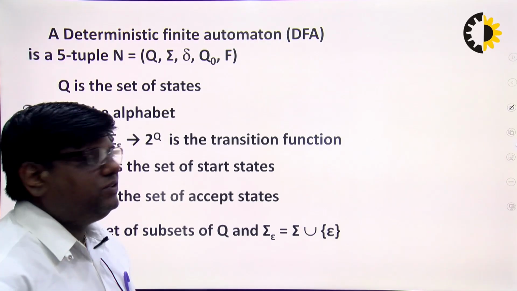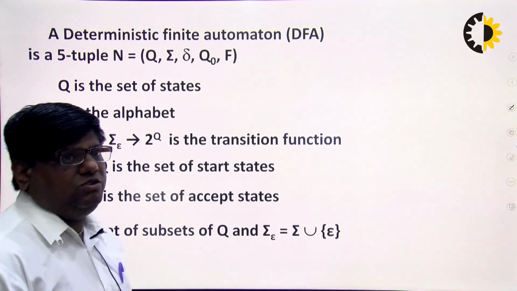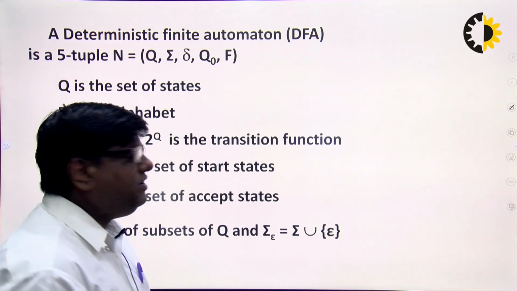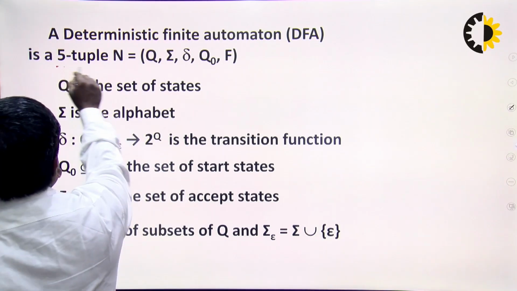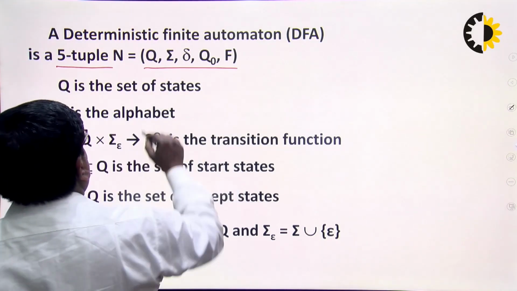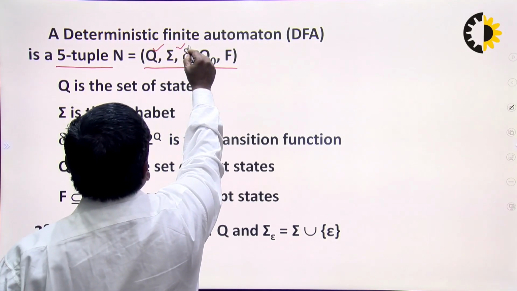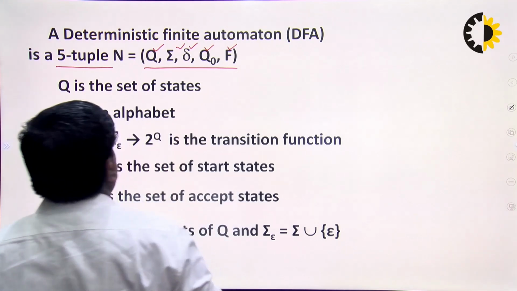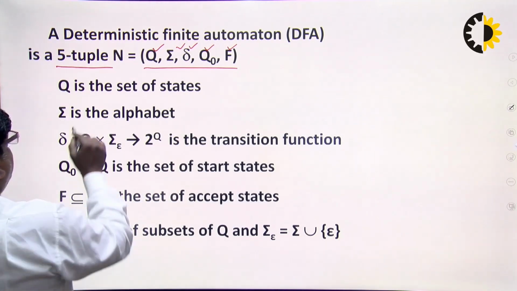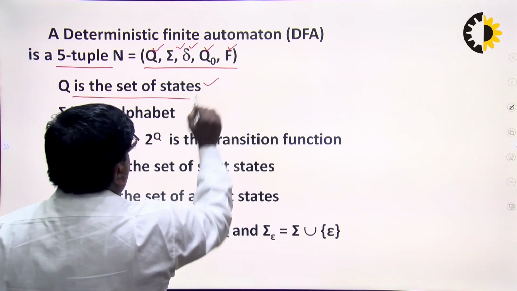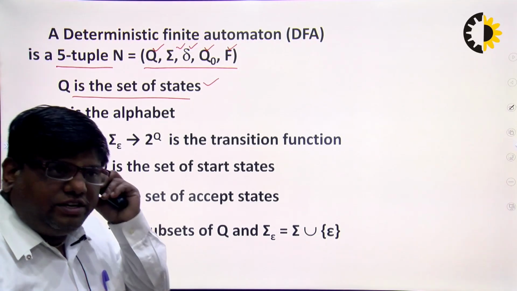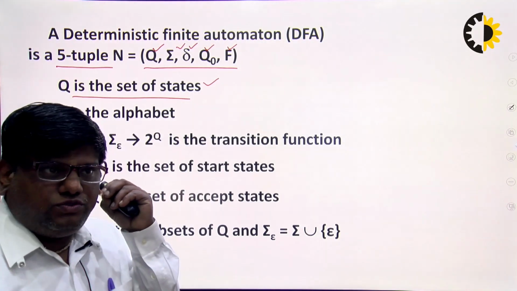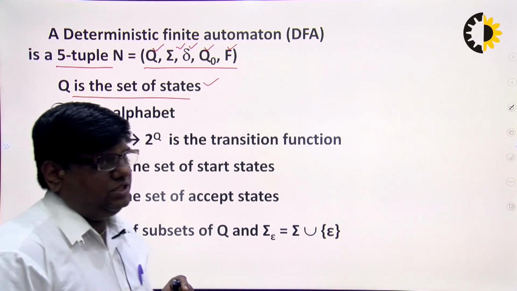Now, first we discuss the formal definition of the DFA. DFA consists of 5 tuples: Q, sigma, delta, Q naught and F. Now, what is the Q? Q is a set of states. Deterministic finite automata consists of n number of states.